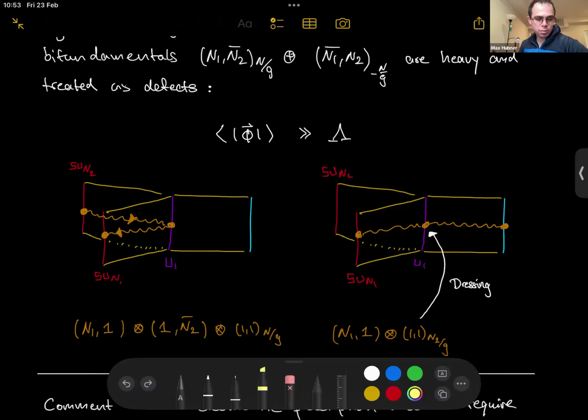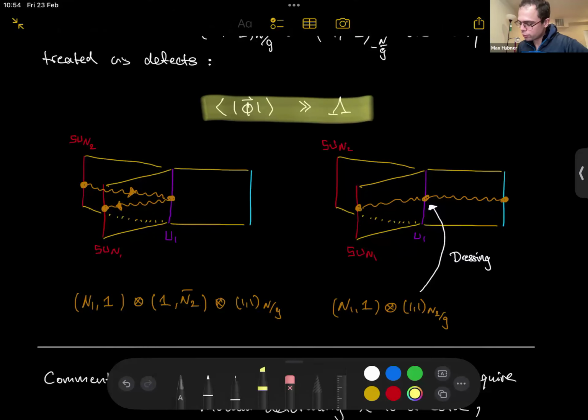But a nice property of now having expanded the adjoint Higgs theory in this limit of large Higgsing into these additional branches is that one clearly sees where all these parts of this defect running between the SUN1 and SUN2 theory come from. I can start out, for example, in the N1 theory.